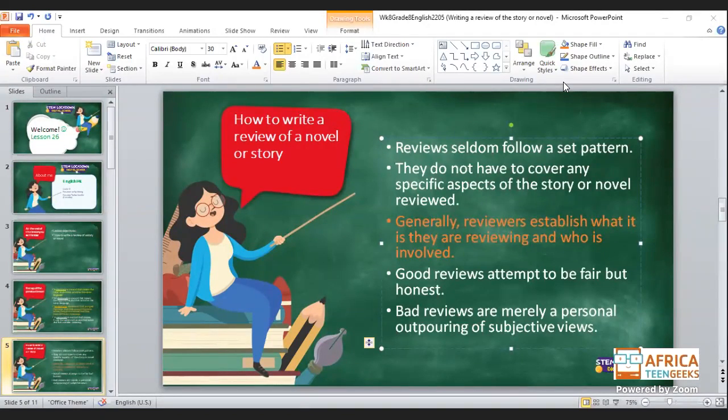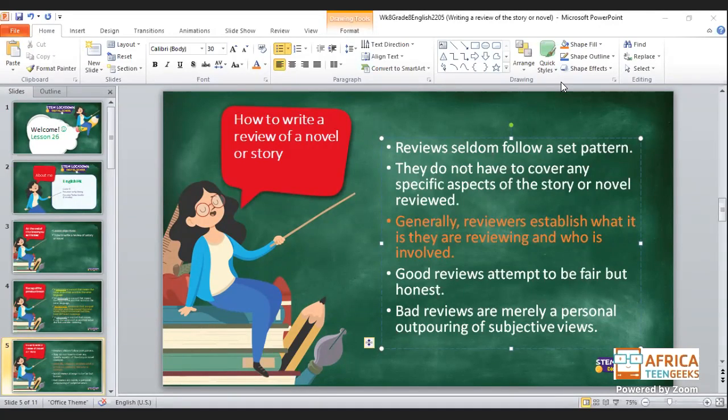Okay. Another thing we will need to talk about will be the role of the narrator. If it happens that that novel has a narrator, then the role of the narrator, we may have to say something about it. We will also have to say something about the setting.